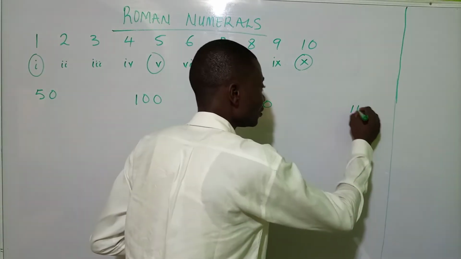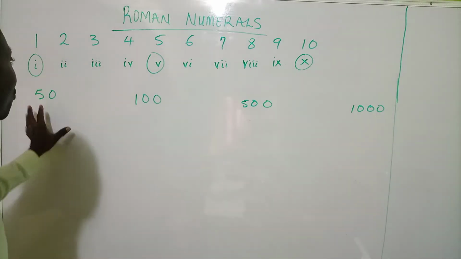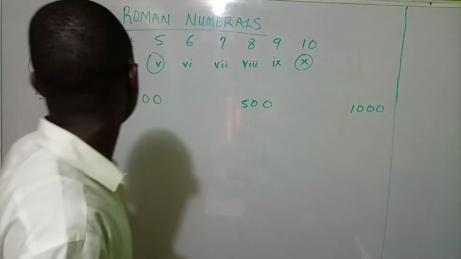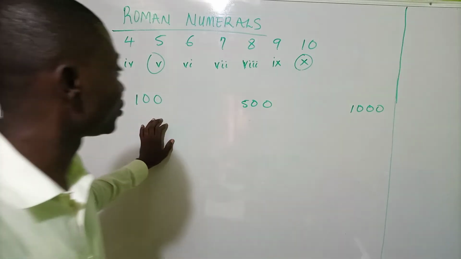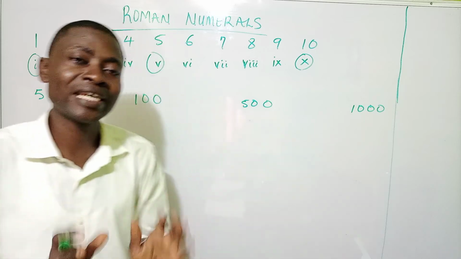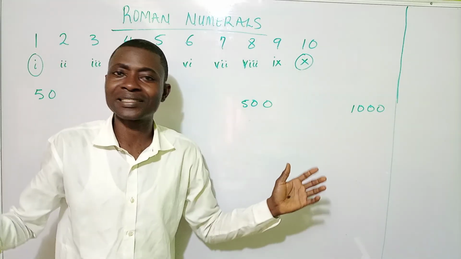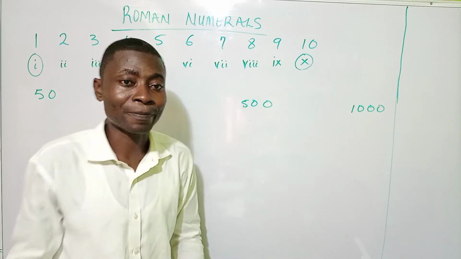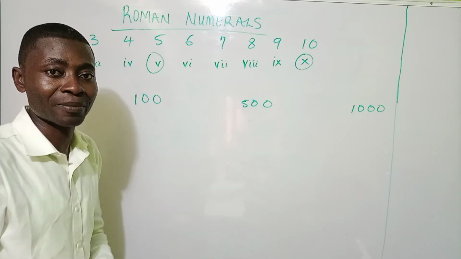Then 1000. At least at this level, knowing these numbers: 1, 5, 10, 50, 100, 500, 1000. Once you know these key numbers under Roman numerals, you'll be able to write any number at any point in time, as you'll be applying the rule of just adding the numbers, identifying them.